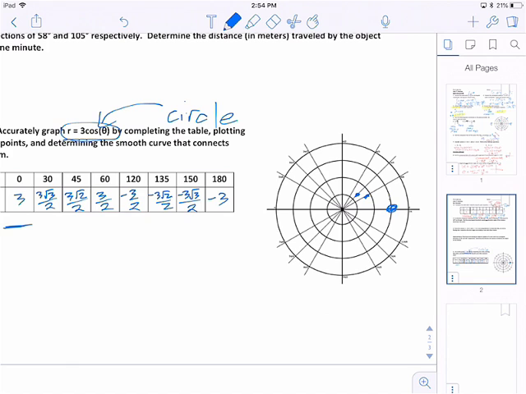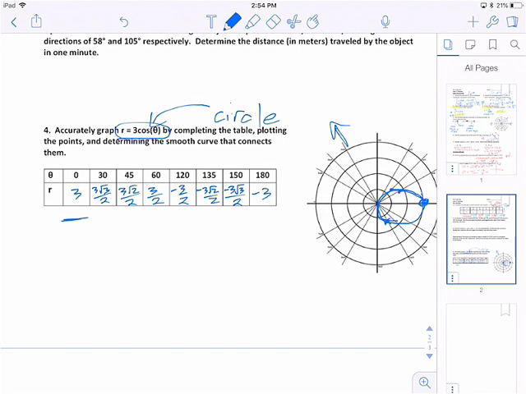And then when you get to 120, check this out. When facing 120, you go backward 1 1/2. So it's a mirror image of what's below, and then plotting those points, if you just connect the dots, you're going to get a shape you know as a circle. It's a cosine circle facing to the right. And I'll let you finish from there.